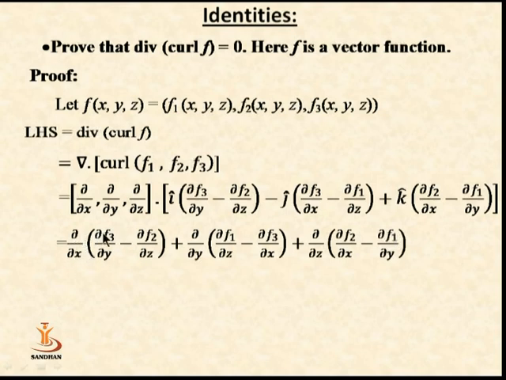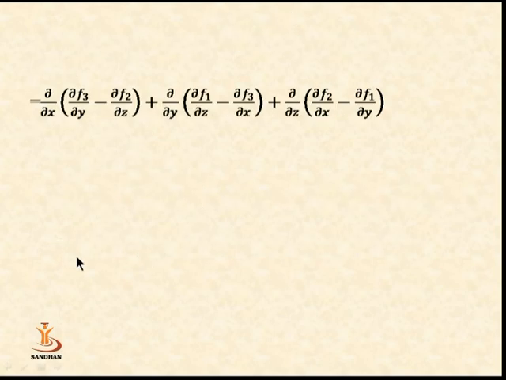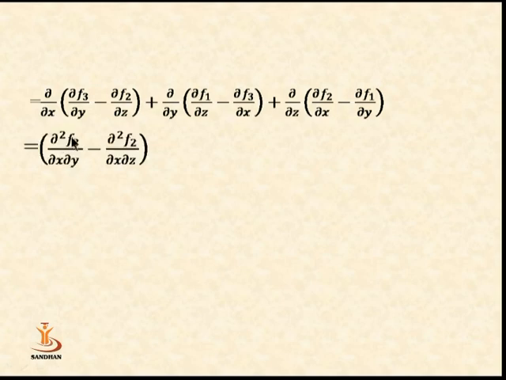That is the second differentiation. Similarly, we differentiate this function with respect to ∂/∂x: the first differentiation is with respect to z and the second with respect to x. Thus we get ∂²f2/∂x∂y minus ∂²f2/∂x∂y.